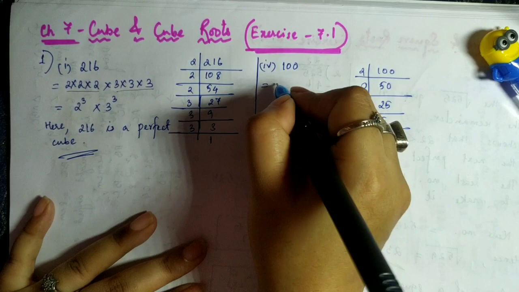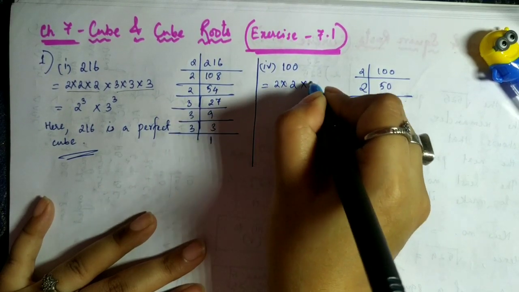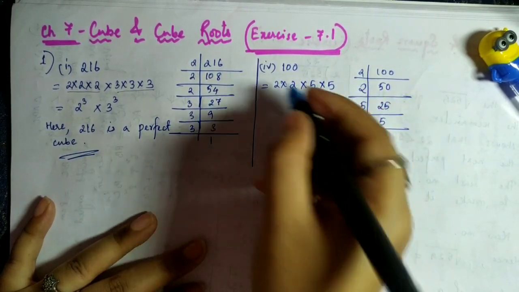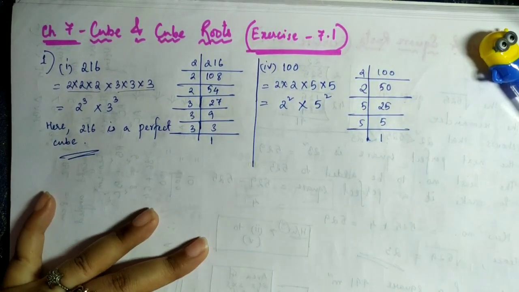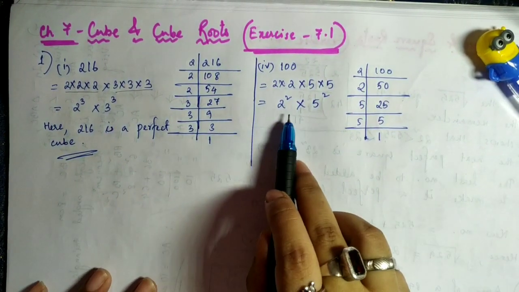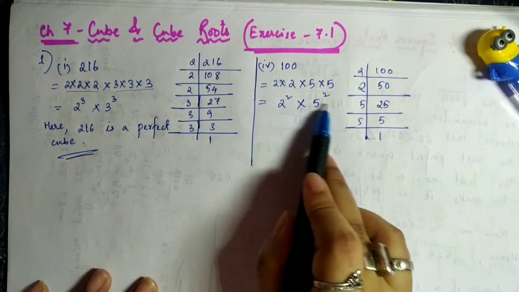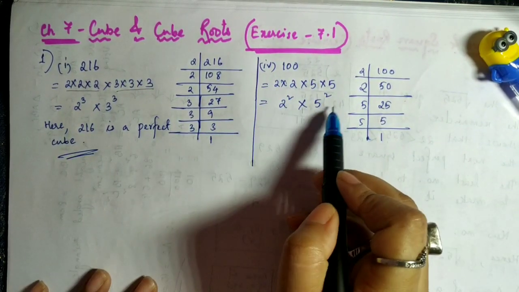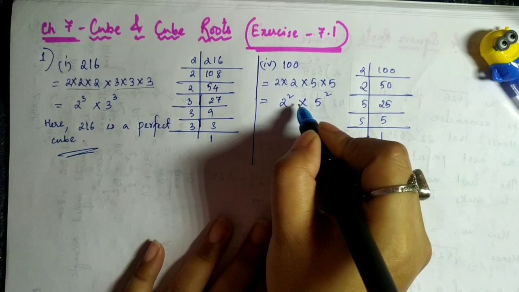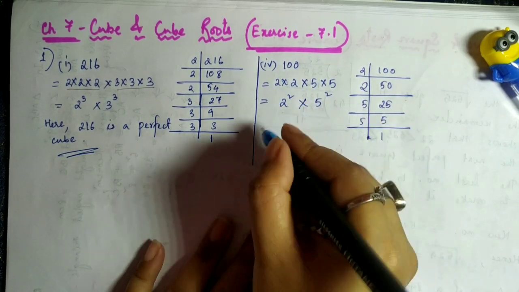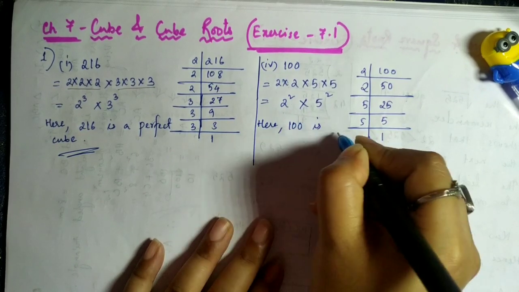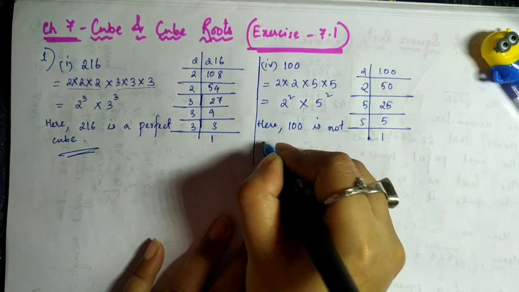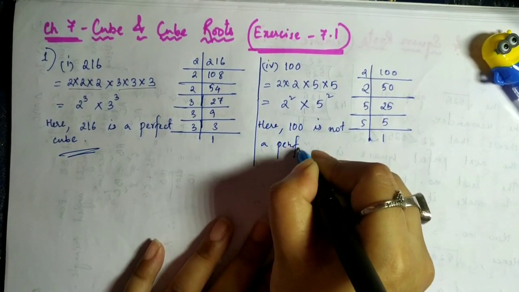So this is equal to 2 into 2 into 5 into 5. If I pair it, you can see they are not cube numbers. They are not in groups of 3. It's a square number; you cannot see 2 into 2 into 2, or 5 into 5 into 5. So 100 is not a perfect cube.